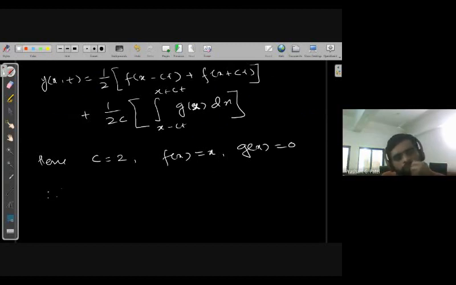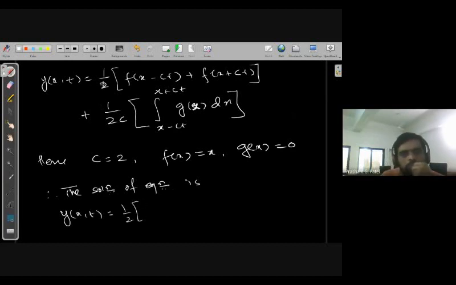So therefore, the solution of the given equation is y of x,t equals 1 by 2 [f is x, so x minus 2t plus x plus 2t].